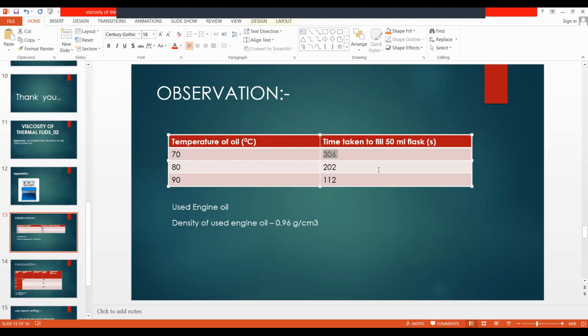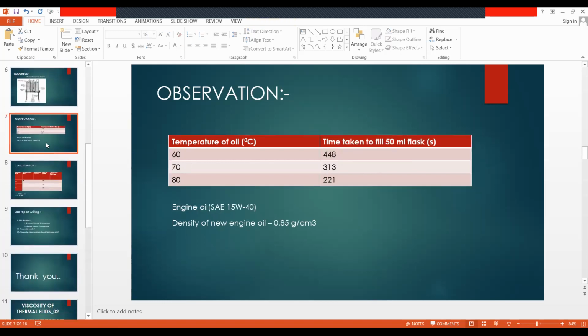At 80 degrees Celsius, used oil took 202 seconds, but new oil took 221. So used oil is collected quickly compared to new oil. Why is it? The reason is the difference of the viscosity.